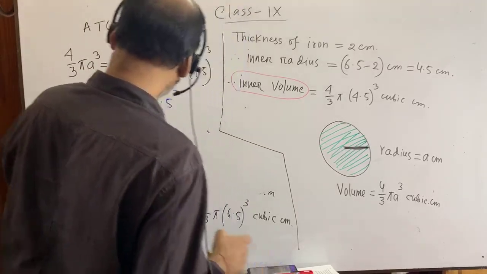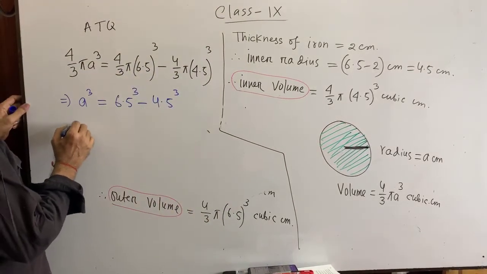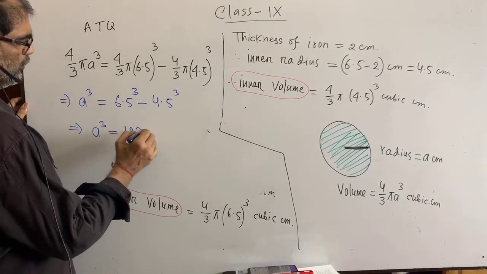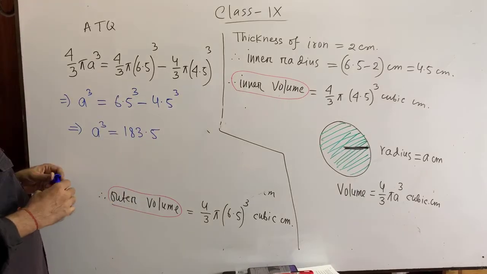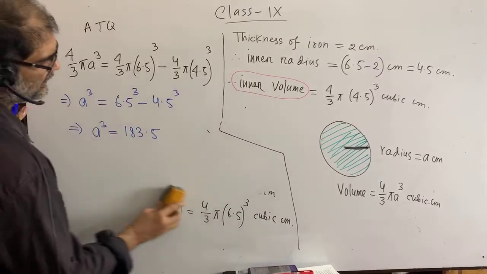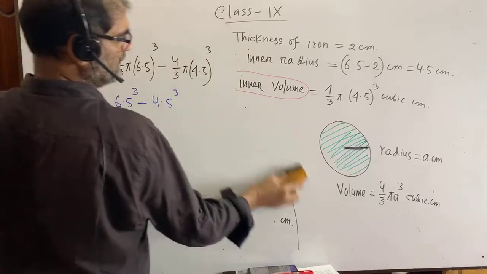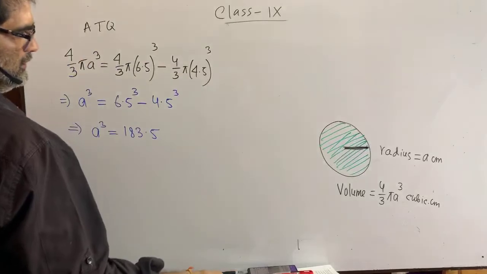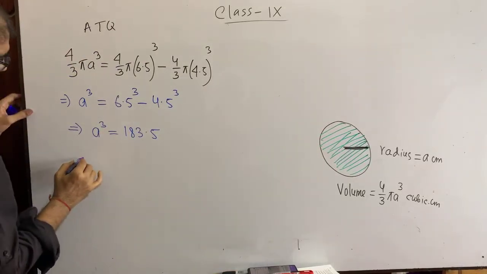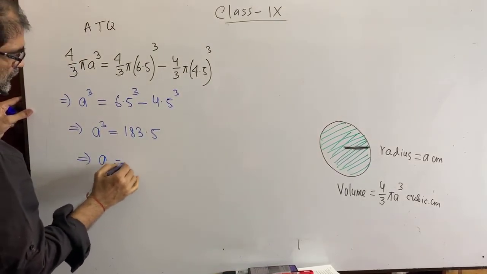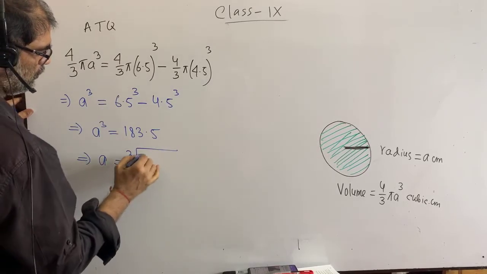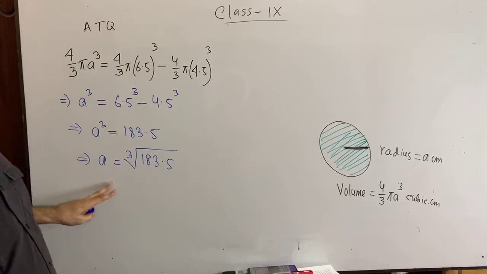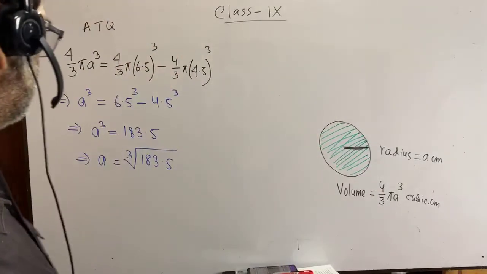We are getting a cube is equal to 183.5. Now we can find the radius of the solid sphere from here, that is a. So a is equal to cube root of 183.5. A is the radius of the solid sphere.